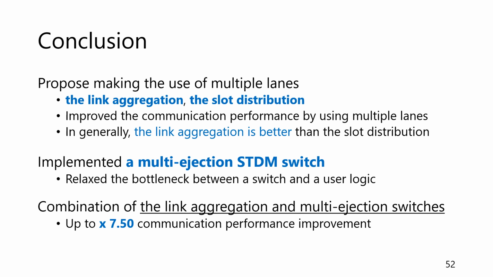We also implemented a multi-ejection STDM switch, and it could reduce the bottleneck between a switch and the user logic. Furthermore, we tried to apply both the multiple lanes and the multi-ejection switches. As a result, we could improve the communication performance up to 7.5 times.